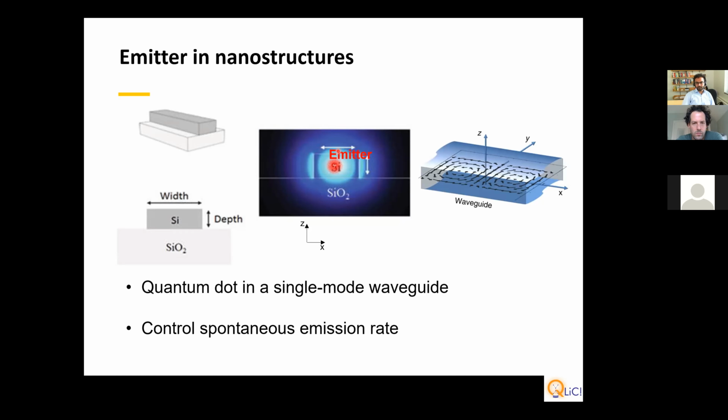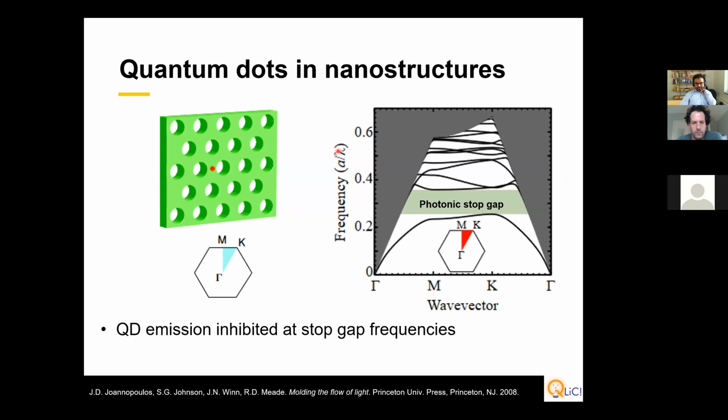We can force it to emit in this one optical mode of this waveguide. Think about this as a fiber. On top of that, there's also additional control that one can get on the spontaneous emission rates. I will not go into that because, while it's very interesting, it's another part of the work that I did at COPS in Twente.